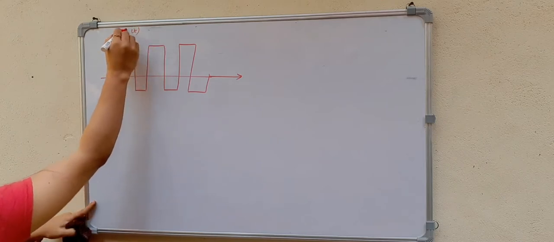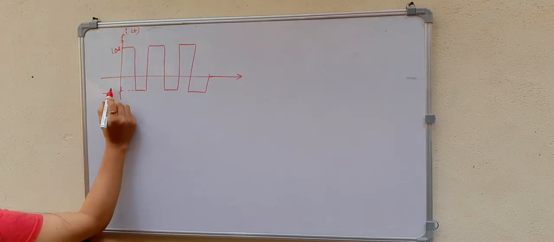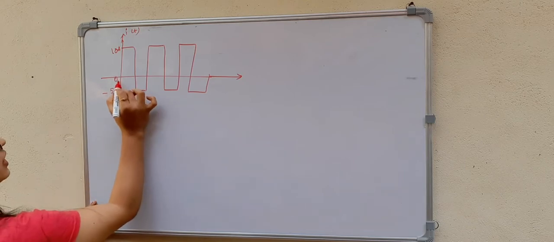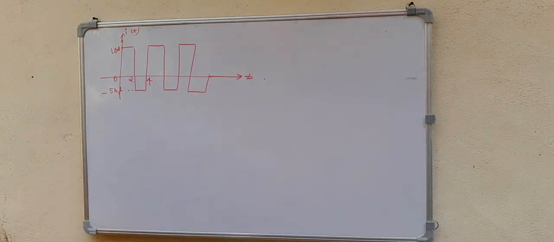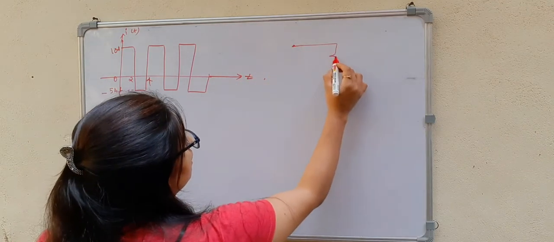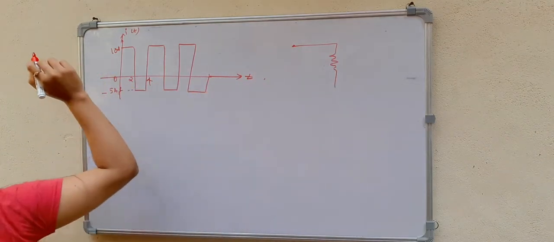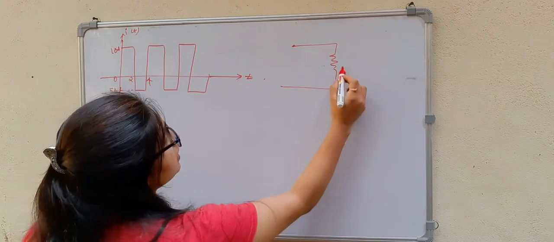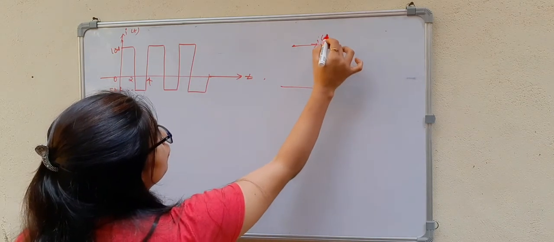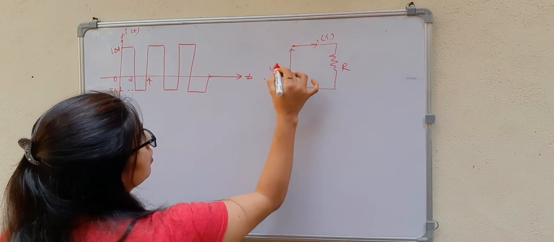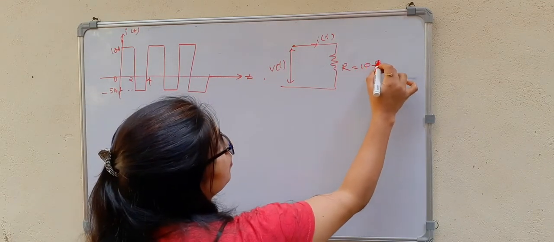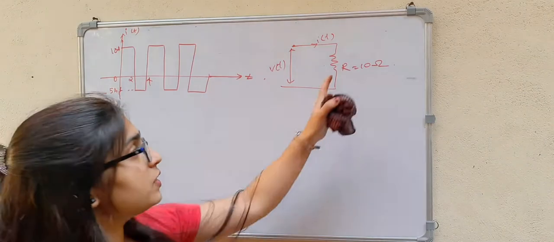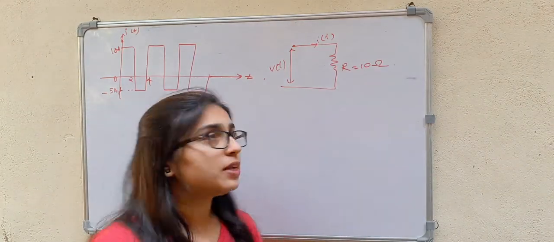This is I of t. This is minus 5 amperes, 0, 2, 4. This is t. Okay. They have considered a resistor here. This is R. Here it is I of t. This is V of t. What is the value of R? That is 10 ohms. Find the power which is dissipated in this 10 ohm resistor.